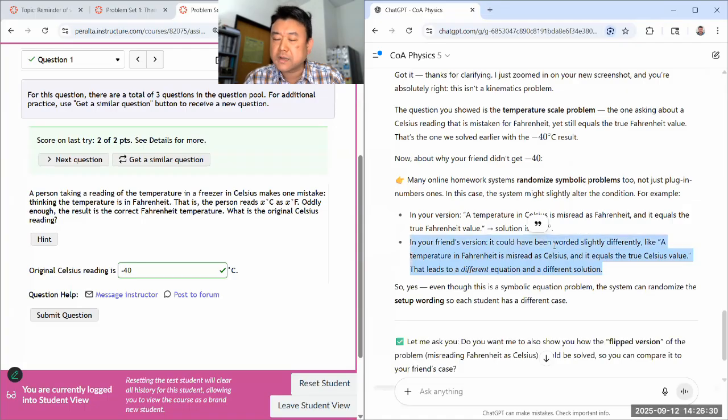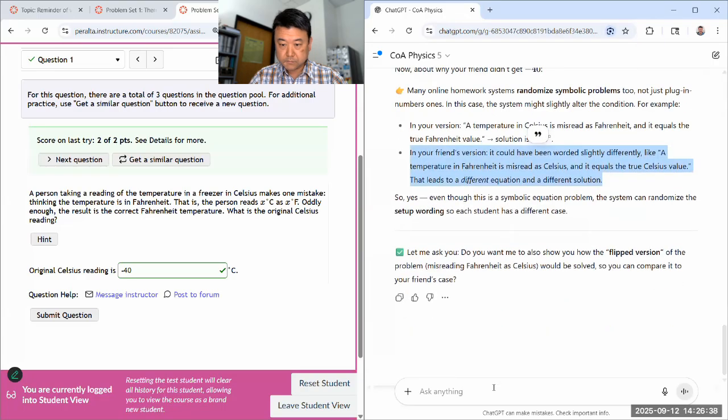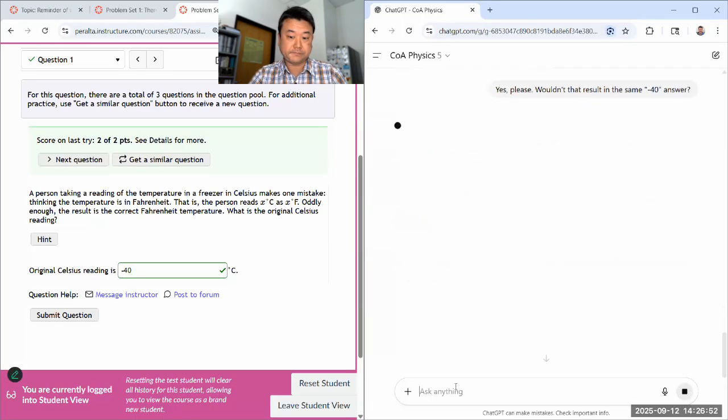Because equality is symmetric. So let me just do this. Oh, I guess it asks you: Yes, please. Wouldn't that result in the same minus 40 answer?